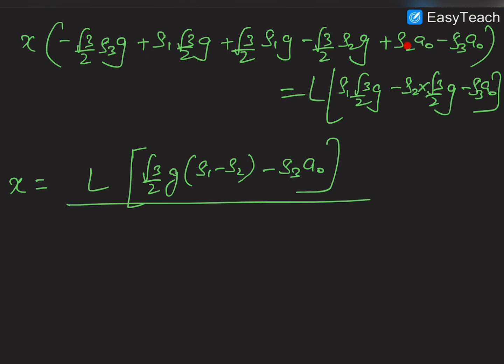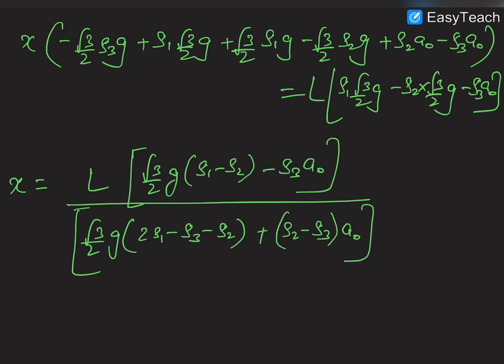So if I take g common and root 3 by 2 common, so root 3 by 2 g is common, and it is minus rho 3 plus 2 rho 1 minus rho 2, that is 2 rho 1 minus rho 3 minus rho 2, plus, if I take a naught common, then it would be rho 2 minus rho 3. Rho 2 minus rho 3, taking common a naught. This will be the value of x.